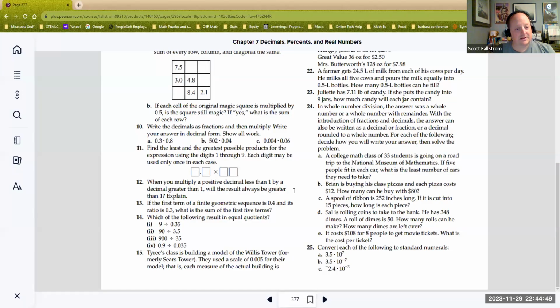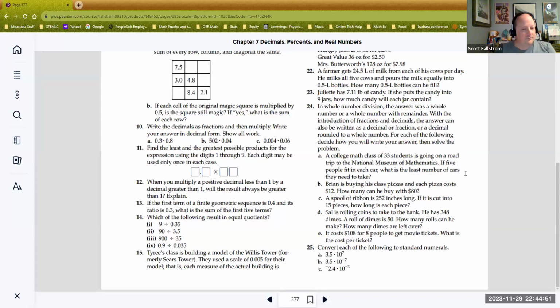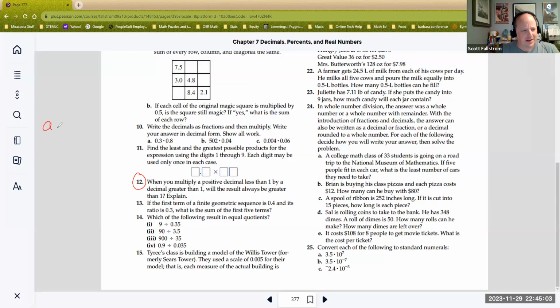So let's take a look. Now, we are going to be multiplying. So this is where we want to make sure we understand the big ideas here. If I take a number A and I multiply by B, and I'll tell you that B is greater than 1, then A times B is going to be greater than A times 1.